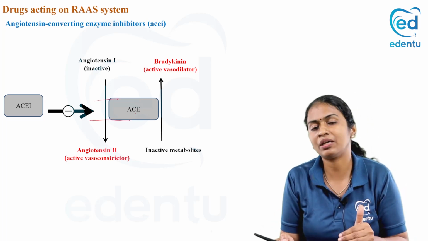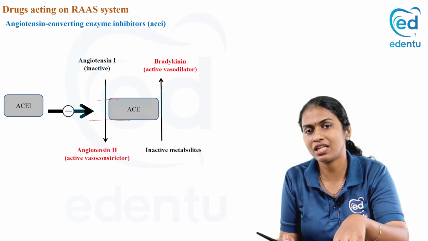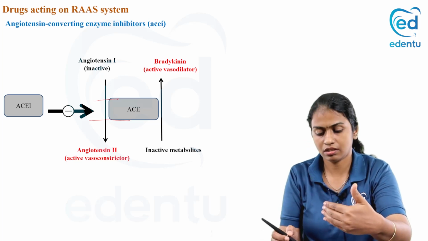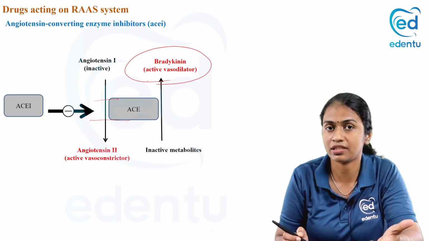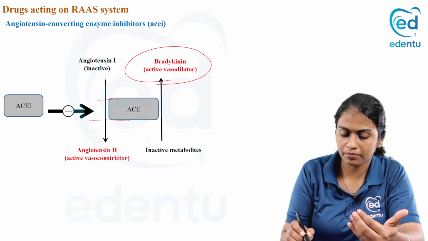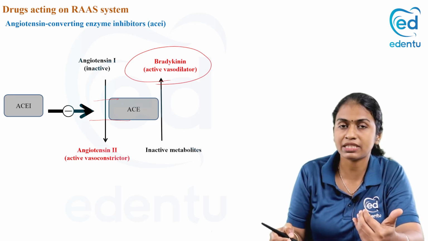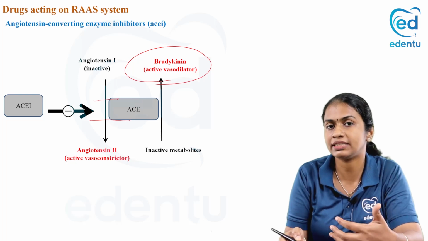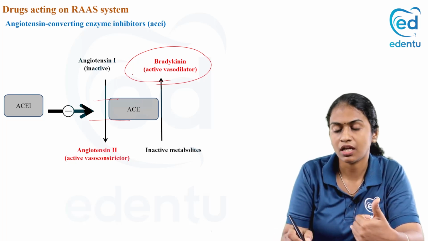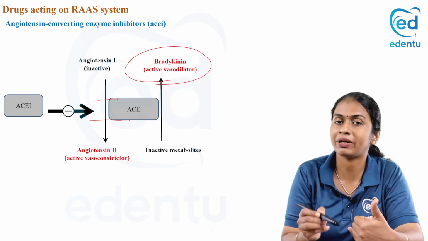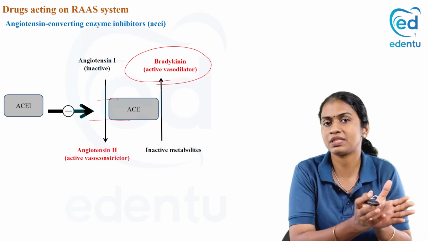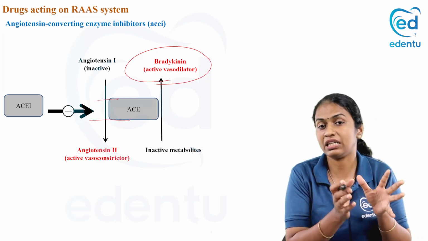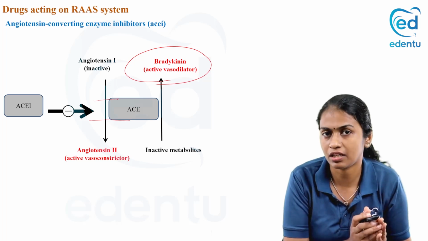At the same time, when this step is inhibited, the bradykinin level also increases, because the bradykinin metabolism to its inactive metabolite is also by this ACE. When that is inhibited, the bradykinin level increases. So bradykinin is also a potent vasodilator that also helps in decreasing the BP effect of ACE inhibitors.